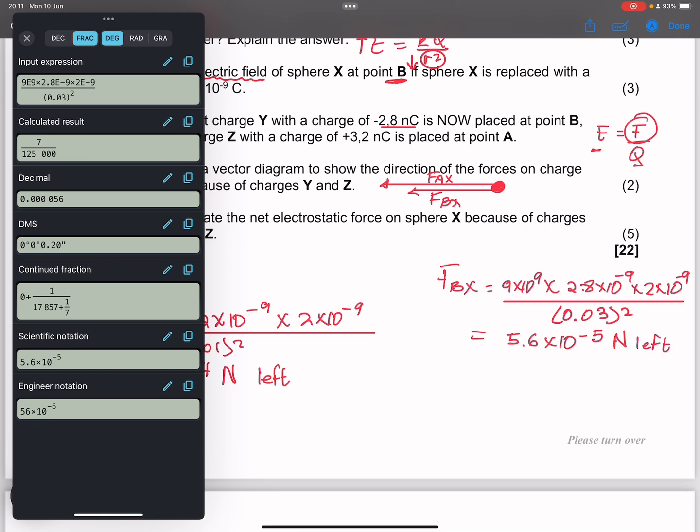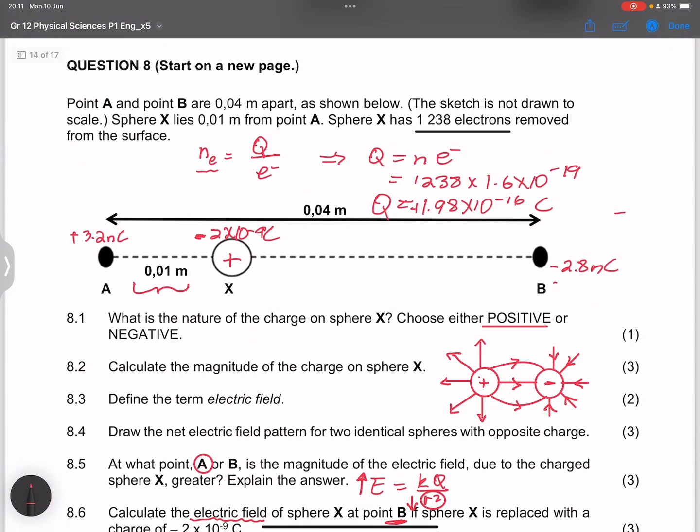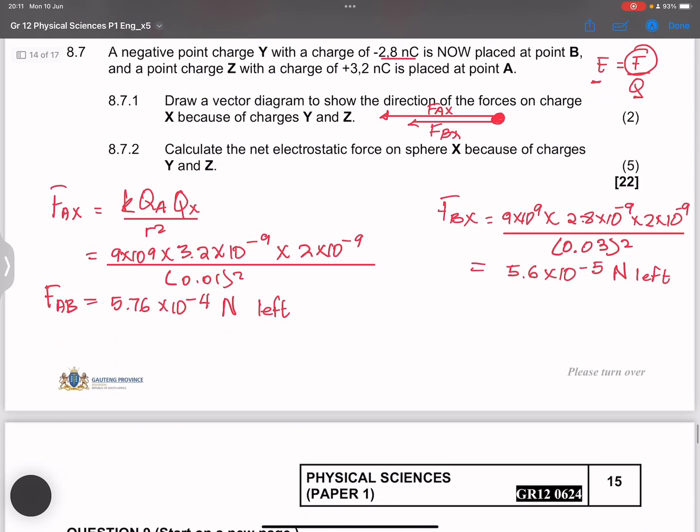Okay, we did specify that sphere X would be repelled by B and attracted by A, right? So in this case, what we're going to do is to find the net electrostatic force. So we are going to simply say it's going to be the force of A on X, I said A on B here, A on X plus the force of B on X. So we can actually add the two up.